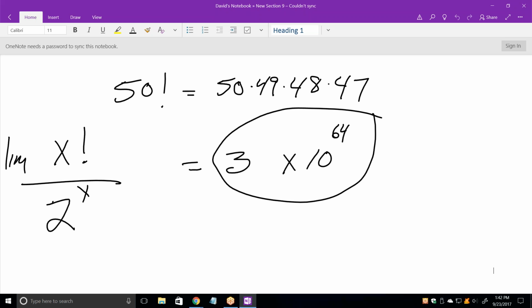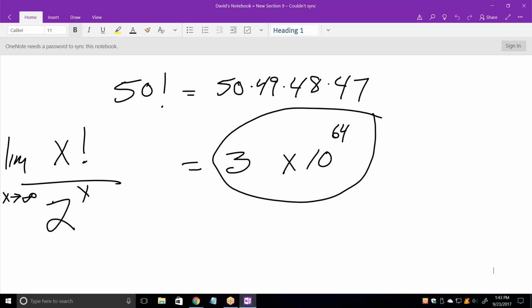I know you don't know limits, but you should understand this. If I have x factorial in the numerator, and I have 2 to the x power in the denominator, in other words, I have factorial growth taking place in the numerator, and I have exponential growth taking place in the denominator.